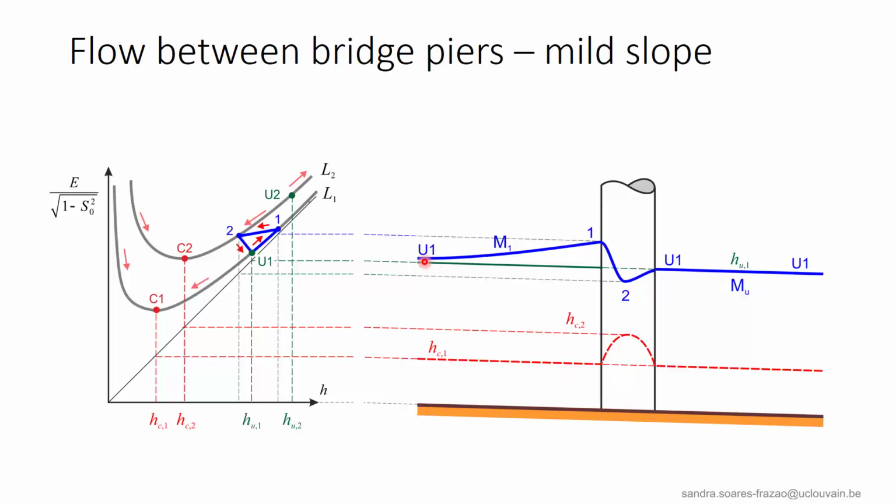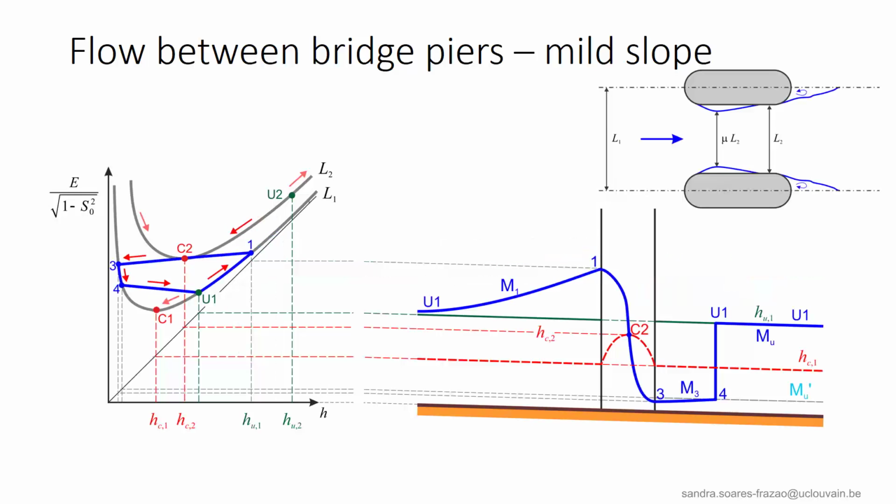We have a uniform flow upstream and downstream, which means that the starting point and the arrival point are U1. The flow depth first increases with the M1 profile until point 1, then decreases until point 2 on the L2 specific energy curve, and finally increases again to HU1.